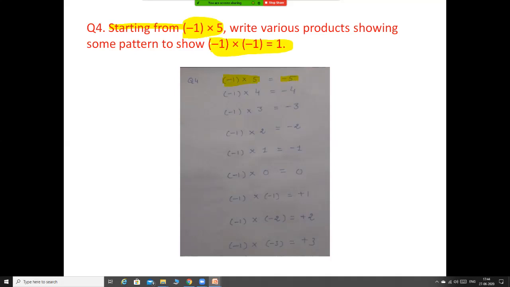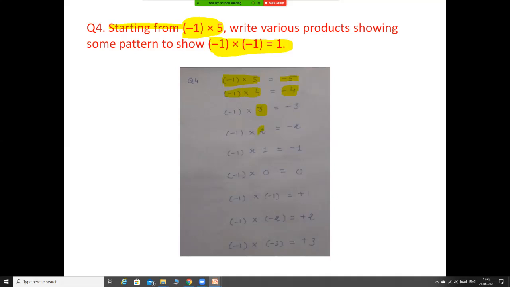Now decreasing, after this 5, I'm writing here 4. Minus 1 is no change. Minus 1 into 4, answer is minus 4. Then after 4, this comes 3. Minus 1 into 3, answer is minus 3.